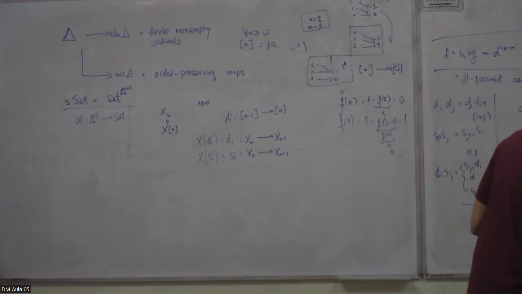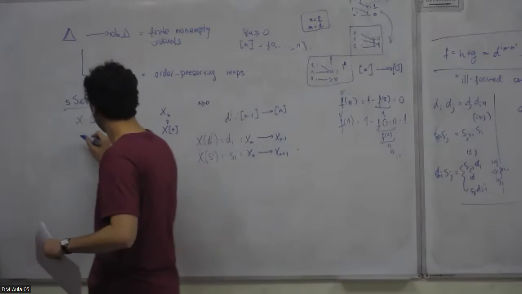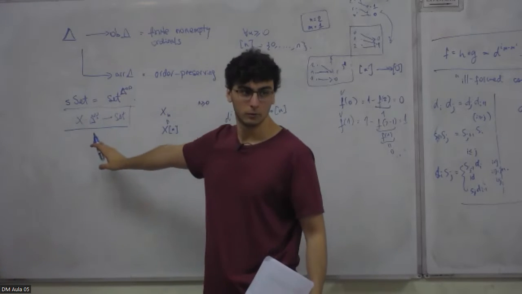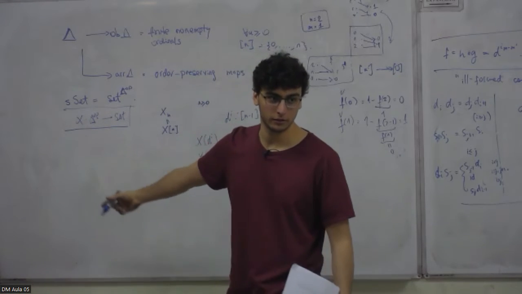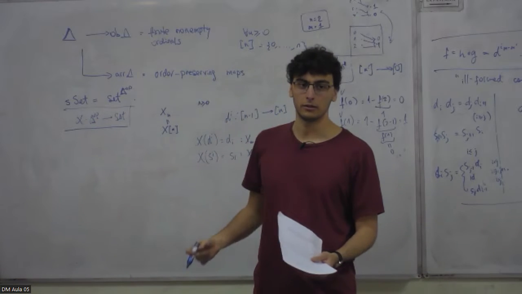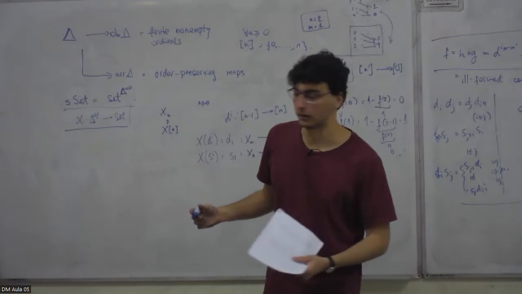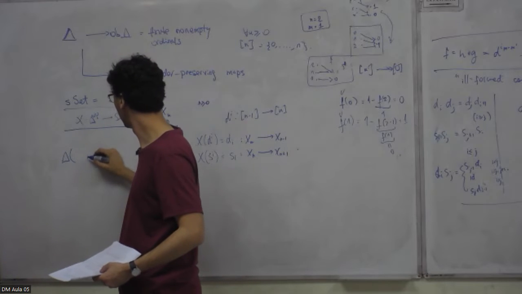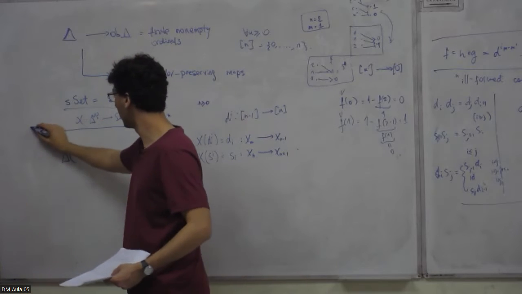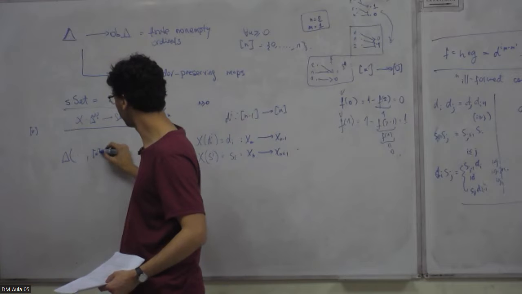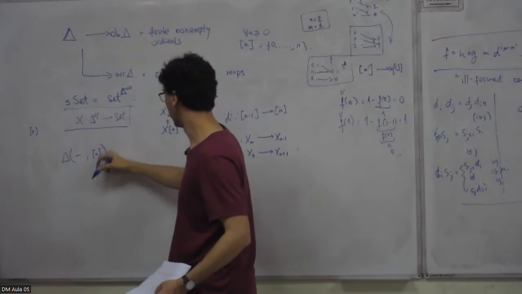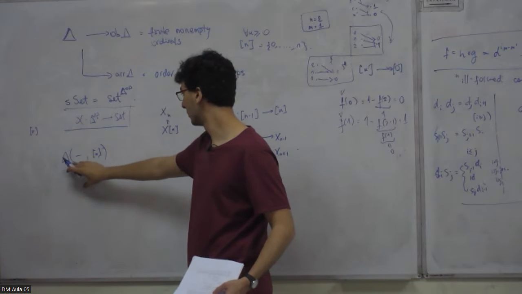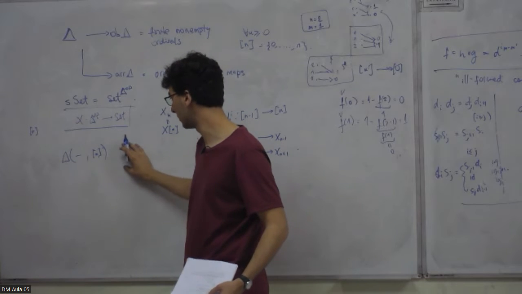Okay, now I will finally give some examples of simplicial sets. So the first example: when you want a contravariant functor with values in sets, the first thing that you will want to try is the representable one. So basically, you fix, let's say, some object n, and you define this functor, which is contravariant and takes values in sets.